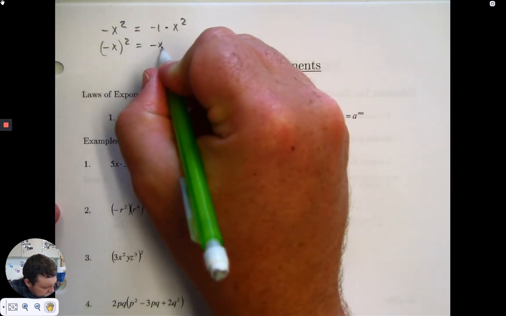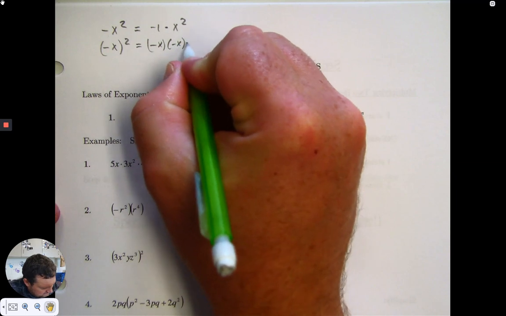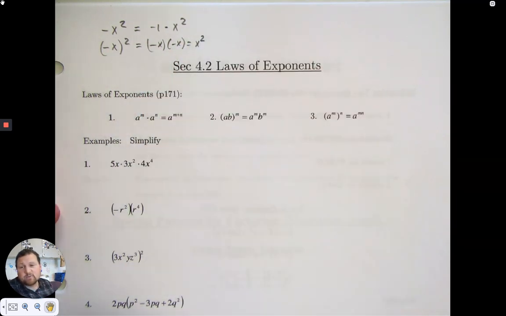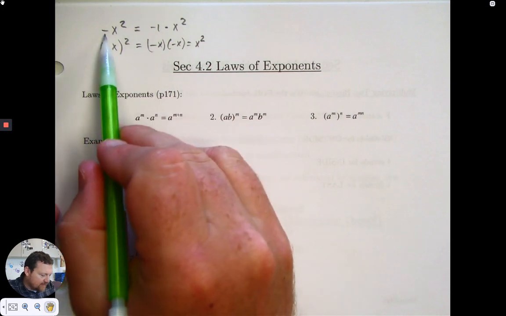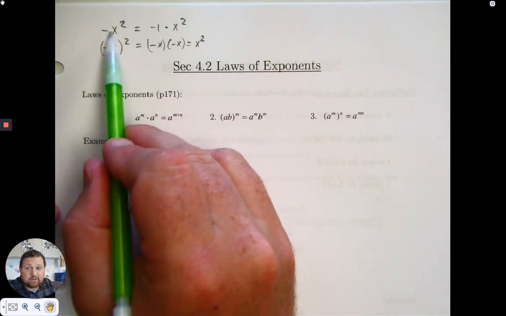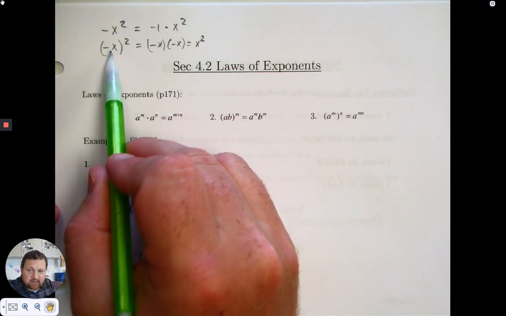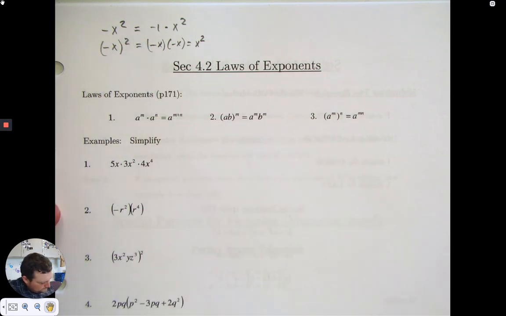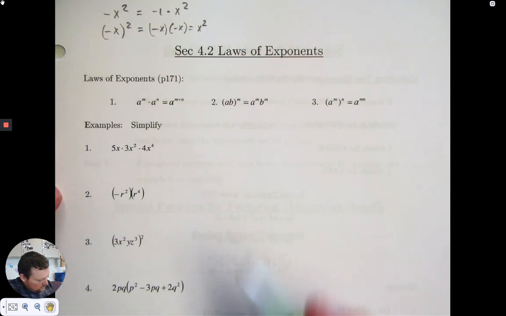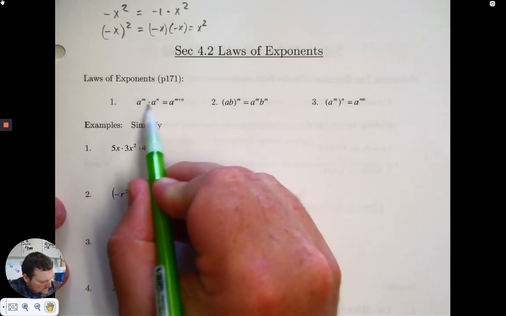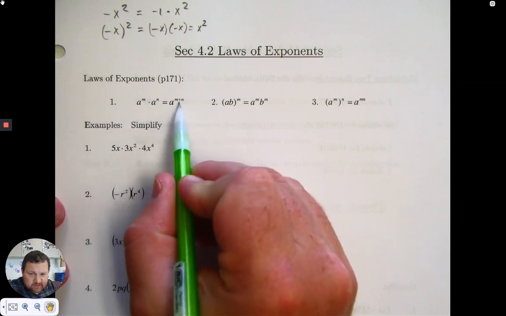So this is really negative x times negative x, which gives you the positive x squared. So just to differentiate between the two, if it's not in the parentheses, then it's the negative of, instead of it being negative x squared. So as we look through our exponent rules, if our bases are the same and they're being multiplied, we can add our exponents.